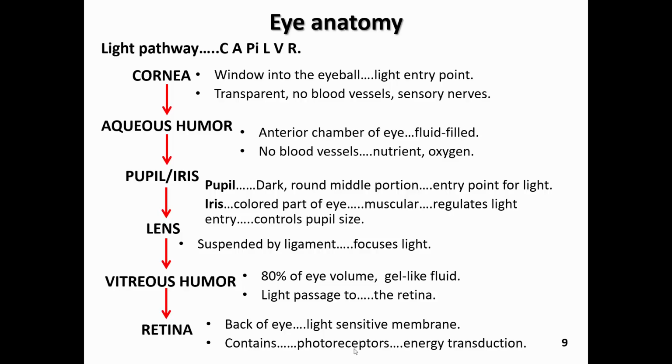So these are basically neurons that are particularly designed by nature to capture this electromagnetic energy transmitted through these different components. And once these neurons are able to capture that electromagnetic energy, then it is involved in the transduction of that electromagnetic energy into bioelectrical energy and chemical energy.